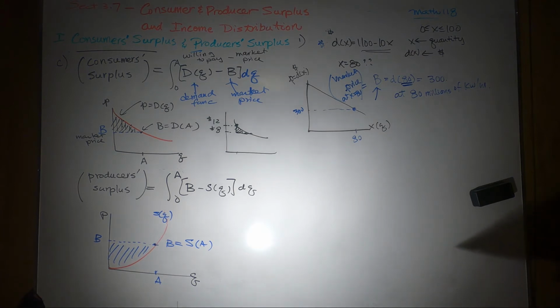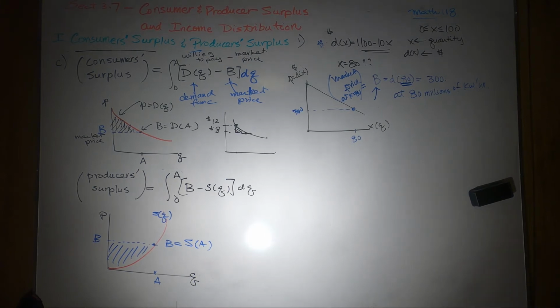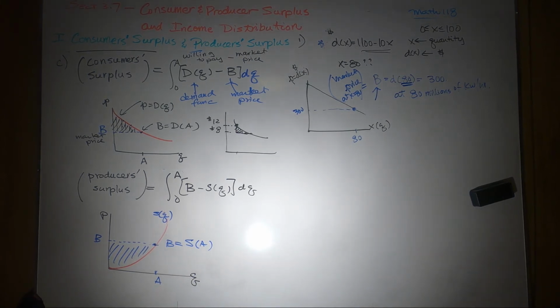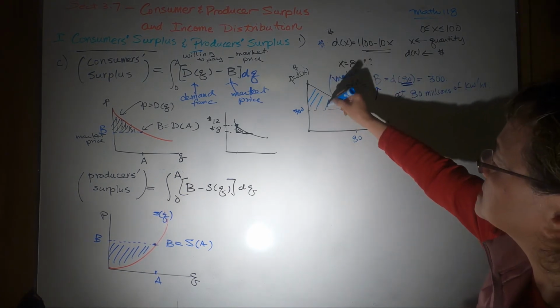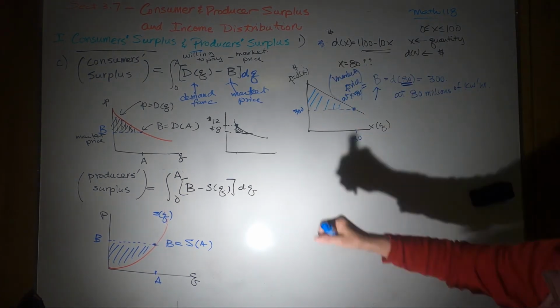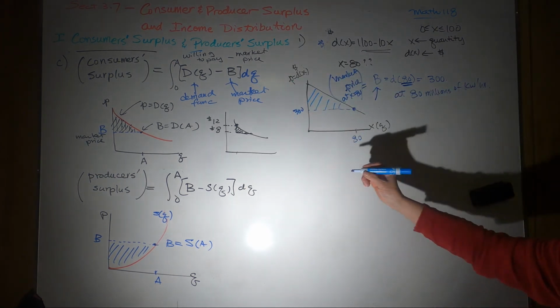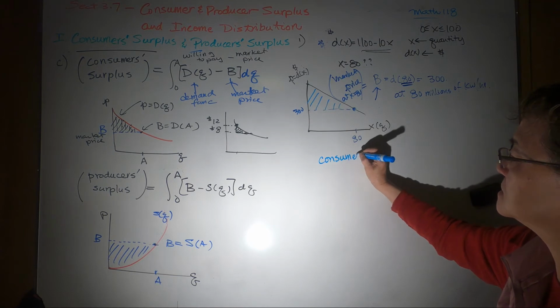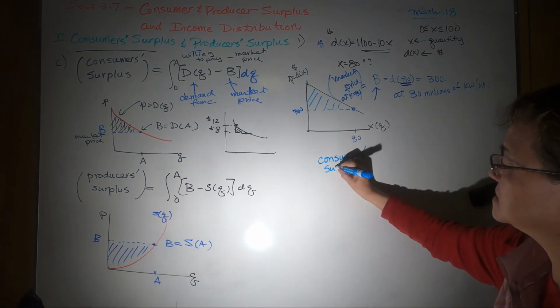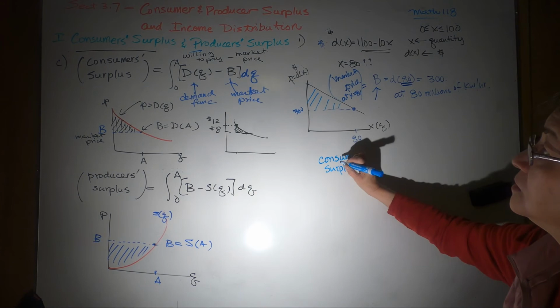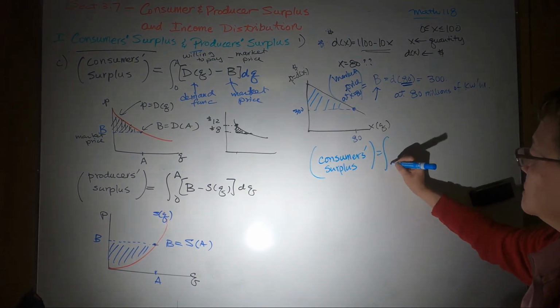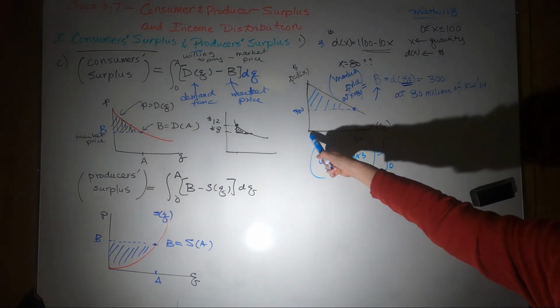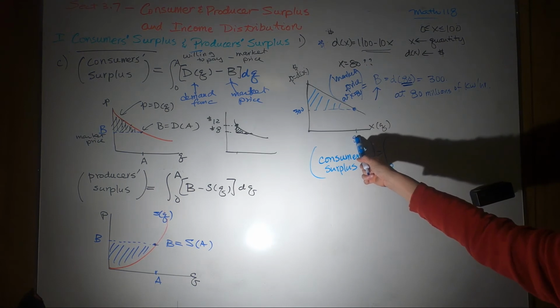Then how do we do the consumer surplus? So the consumer surplus would be this, according to this formula. So our consumer surplus would be what? You do 0 all the way to this quantity, right?